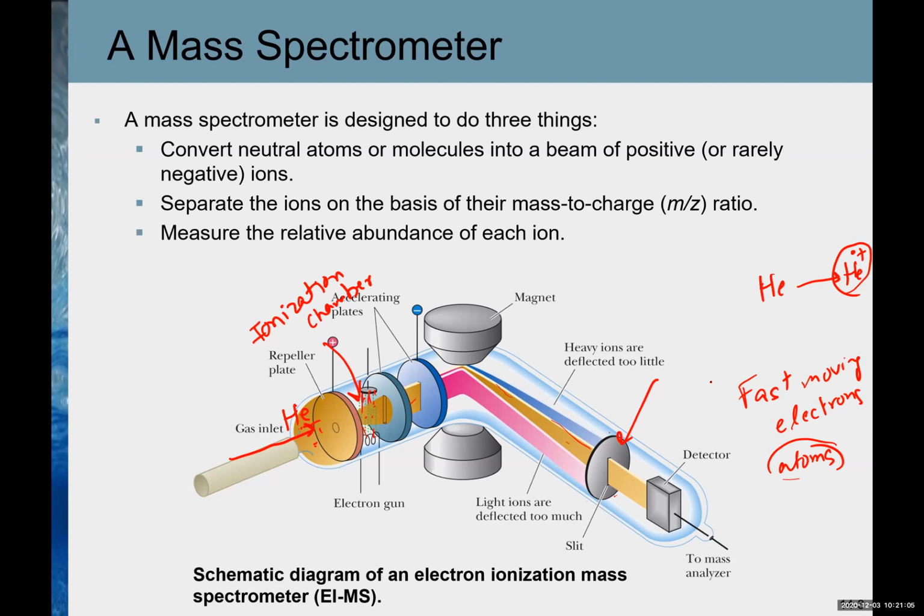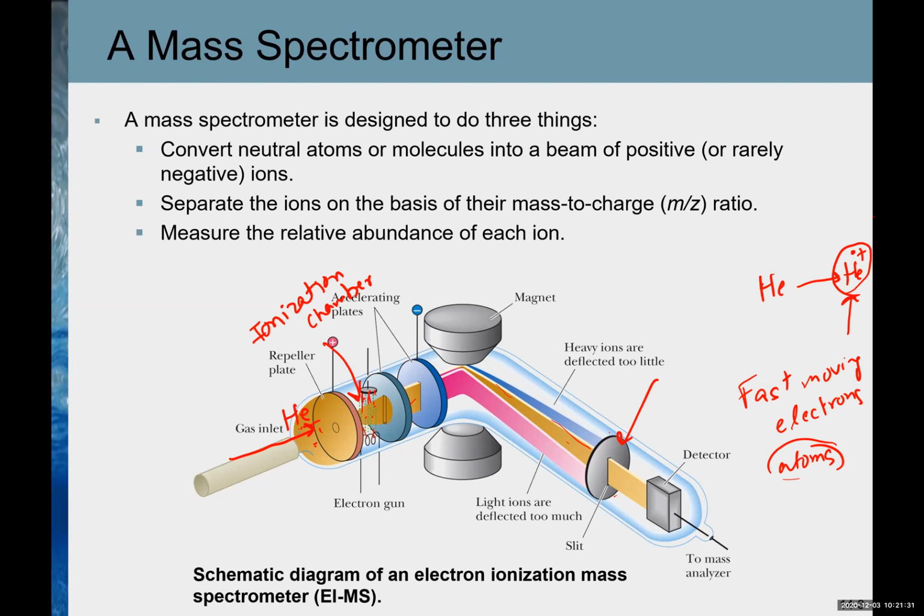It may decay further, and something else may happen. So the ionization chamber knocks one electron out of the molecule, and we call this a radical cation.